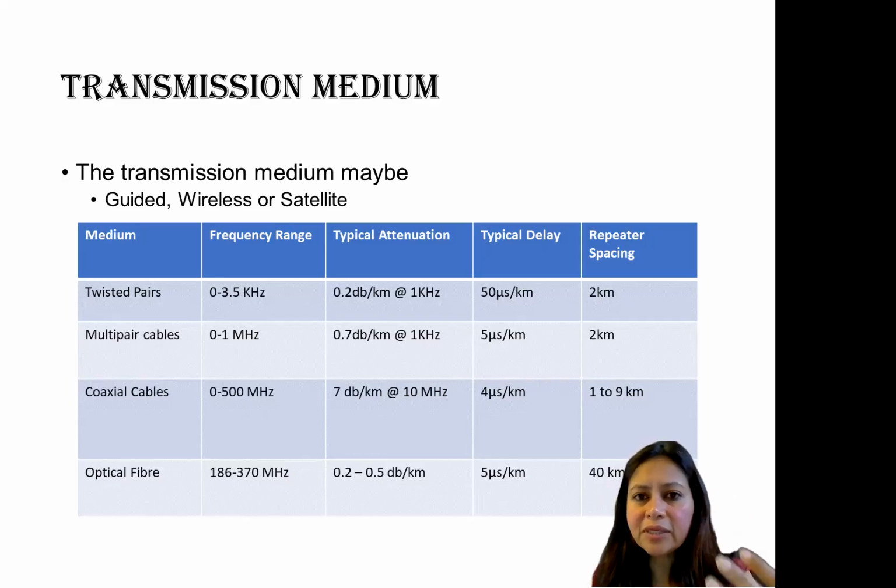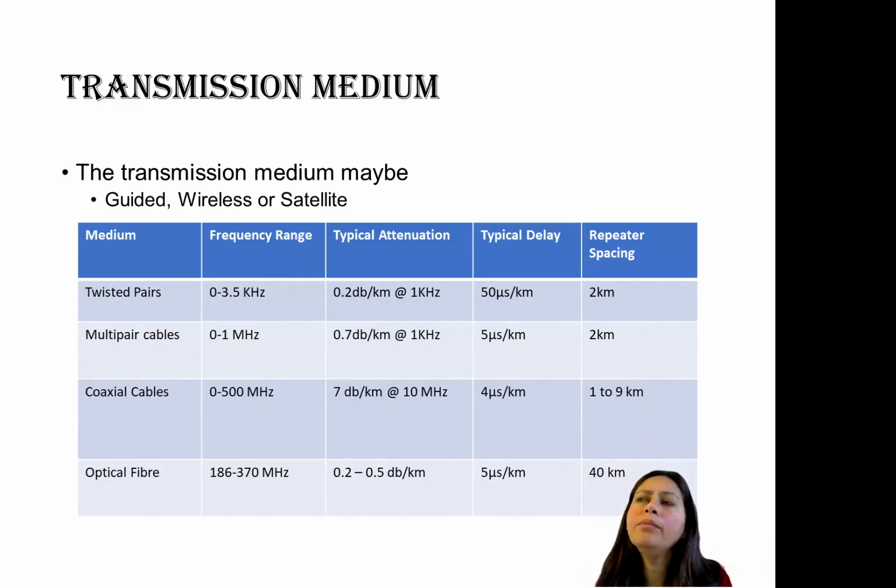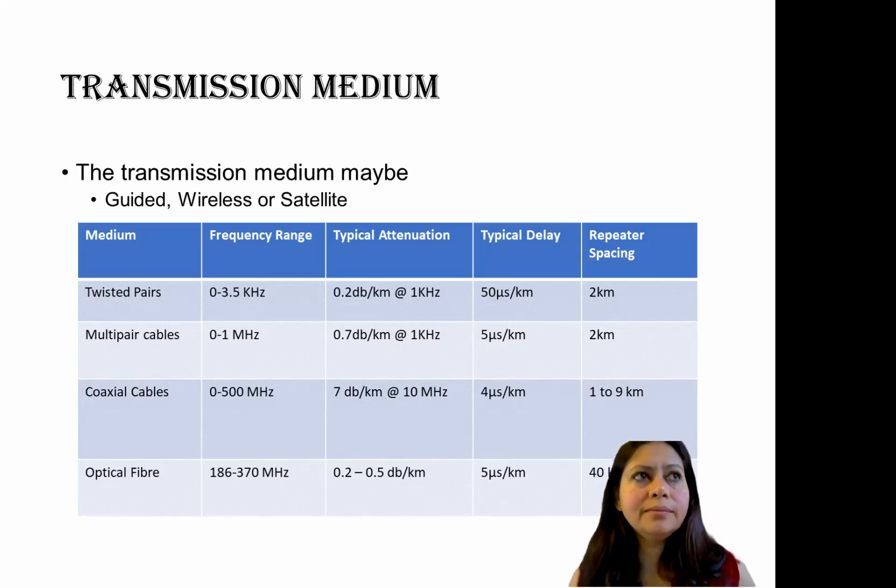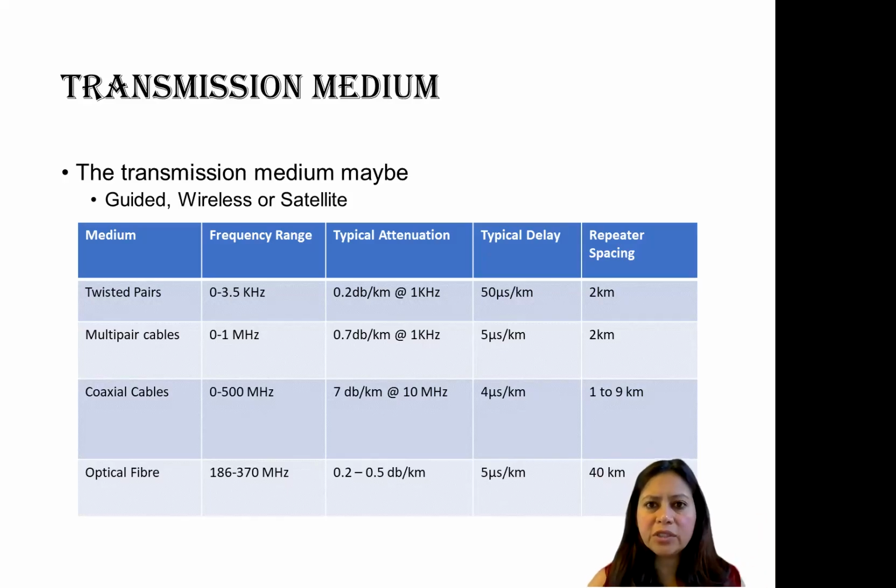So data from your cell phone, whether it's your text message or a phone call, your cell phone wirelessly transmits the data, most of the time, to a master switch, which is your cell phone provider.